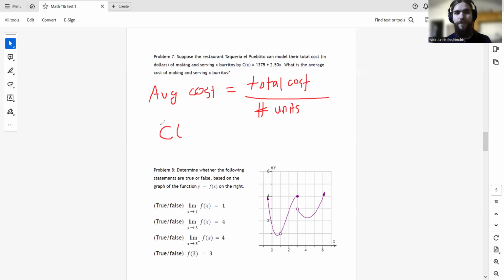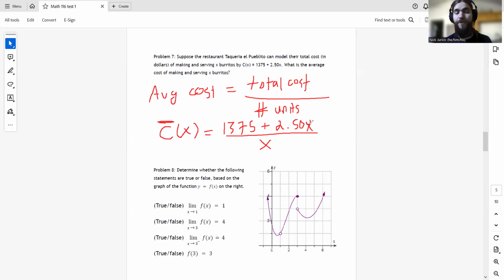Sometimes this is written with a bar over it. I've seen this pop up in our study guides. So the average cost is going to be the total cost divided by the number of burritos, which is simply X.